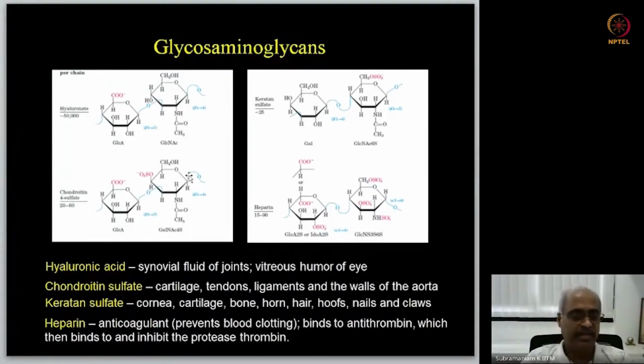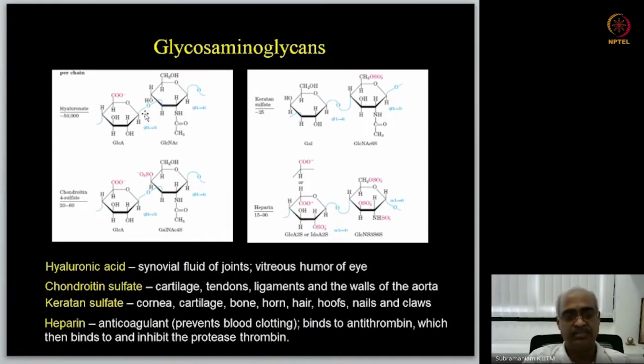We saw in chitin you have N-acetylglucosamine with beta-1,4 linkage. When it is glucosamine, you call it glucosamine. If you are referring to any other hexose or monosaccharide, you simply say glycosamine. The focus is on this amino group.